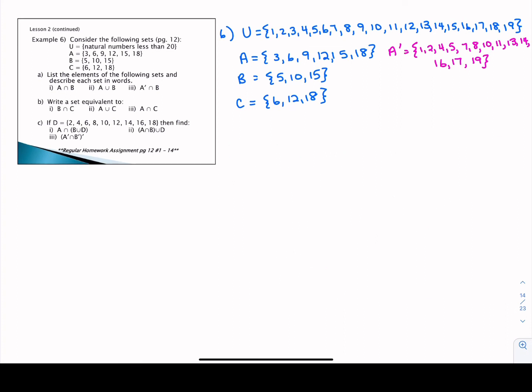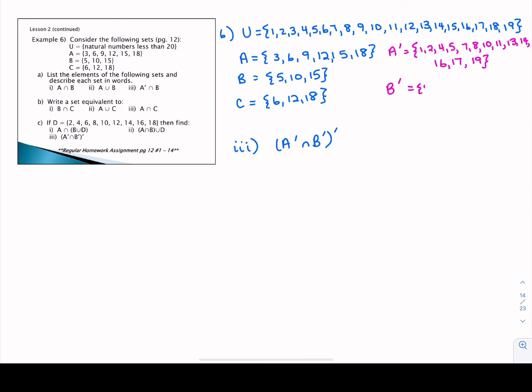The last one we have here, part 3, basically we've got a whole bunch of complements. We have not A intersect not B, but then the complement of that intersection. So already, and we've left the work at the top of the screen, we found not A. It's important for us to find not B as well. So if B is 5, 10, 15, not B is anything in the universal set that's not contained in B already.